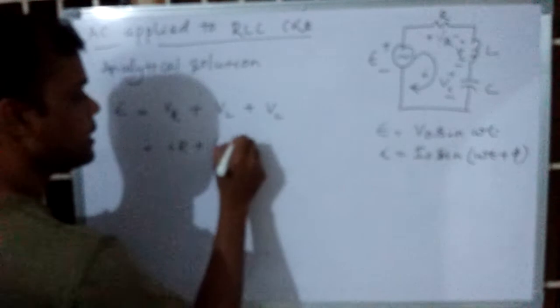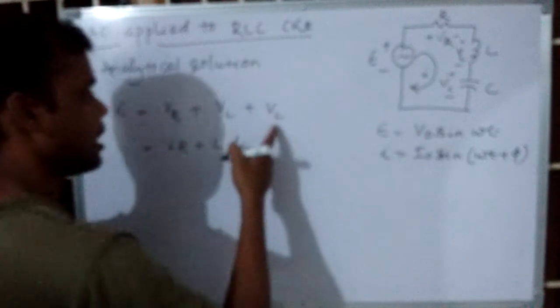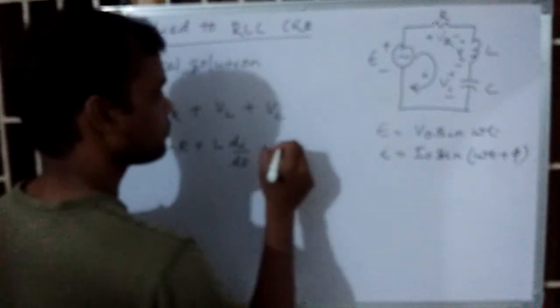VL is L di by dt, from the chapter electromagnetic induction. And what is the value of VC?